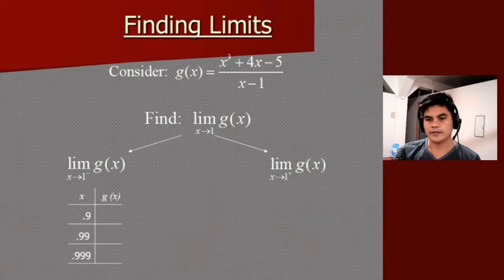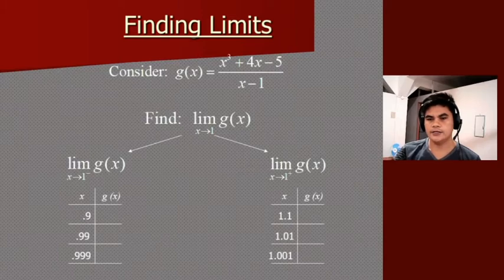But again, we will try it using values. As x approaches 1 from the left, we have 0.9, 0.99, 0.999, as x gets closer and closer to 1.